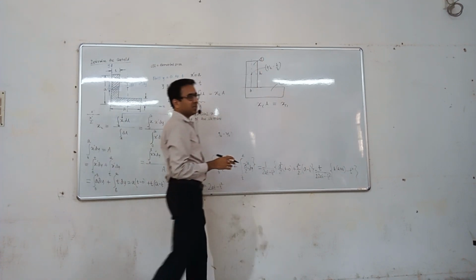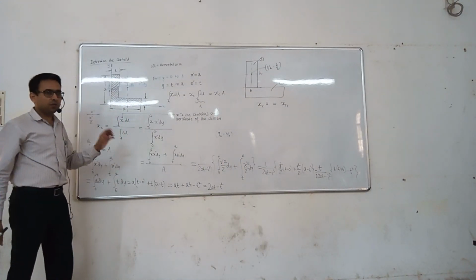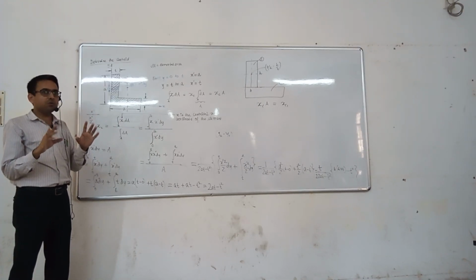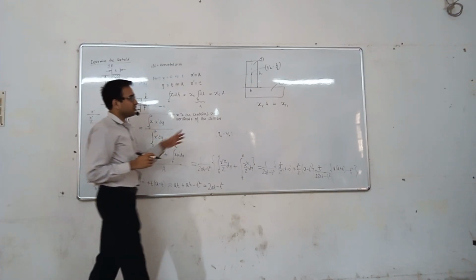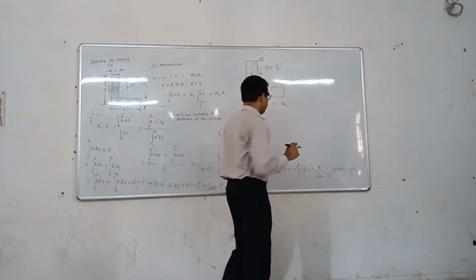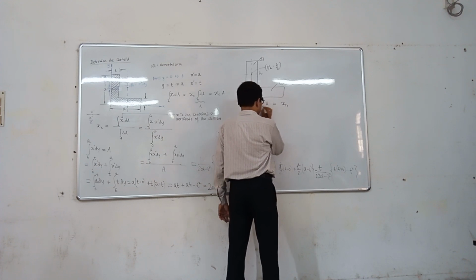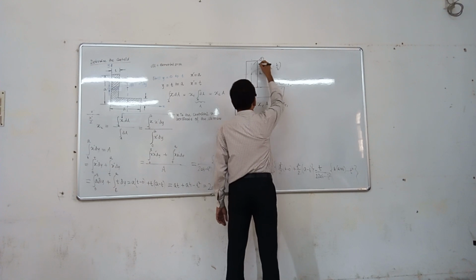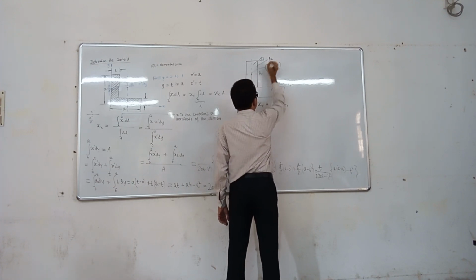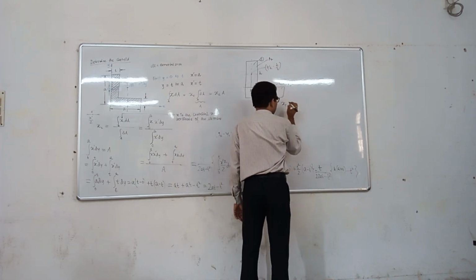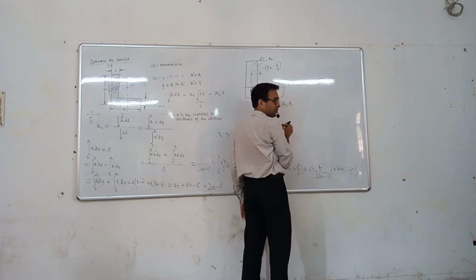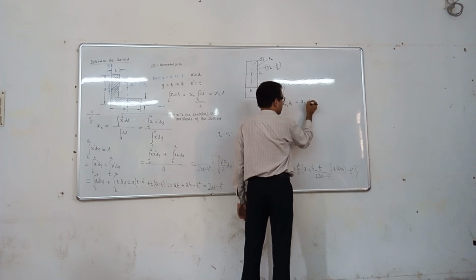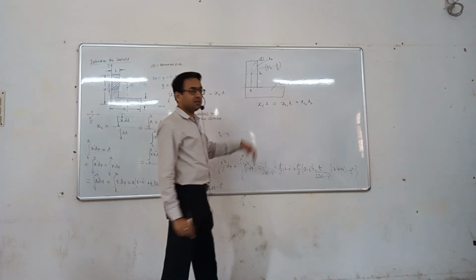Now what I am doing is, instead of this integration, if I know immediately for a particular shape the centroid, then instead of integration I will apply the simple logic. So xc, this is area 1 and this is area 2, xc1 area 1 plus xc2 area 2. How did I write that?